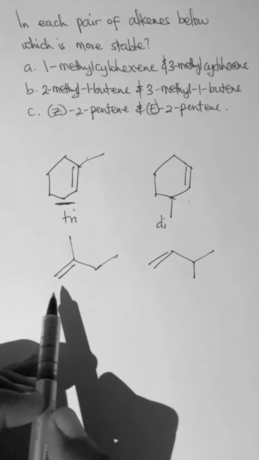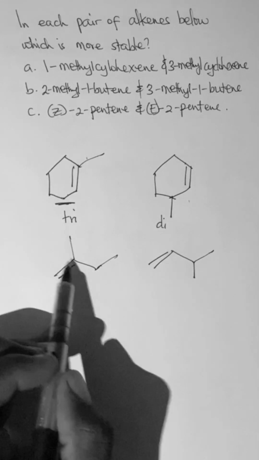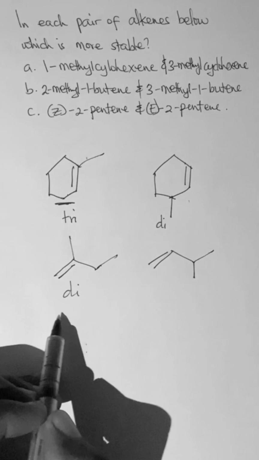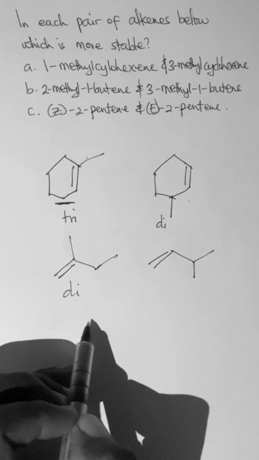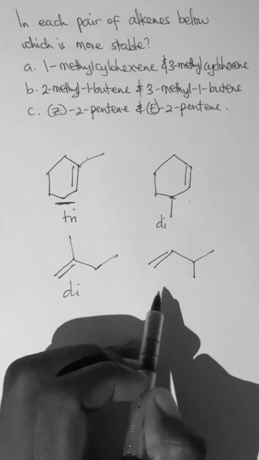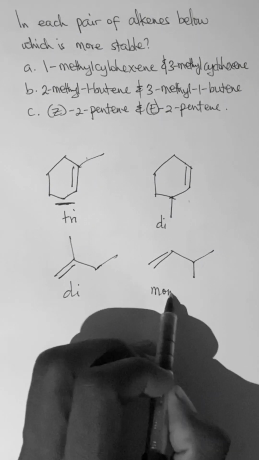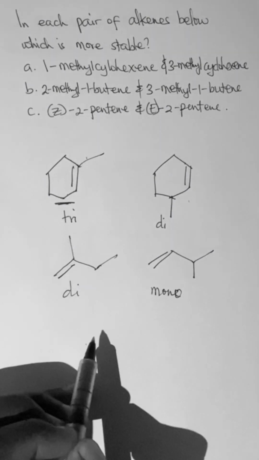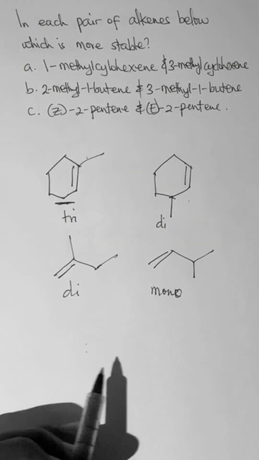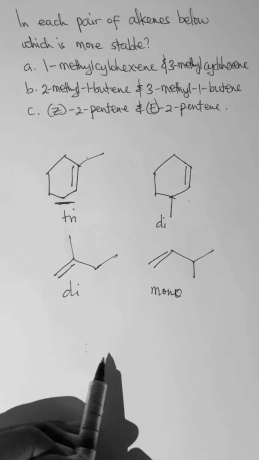We use the same thing. So what is the substitution around this double bond? You see that this is a di-substituted double bond, and then this one is a mono-substituted double bond. So a di-substituted double bond is more stable than a mono-substituted double bond.